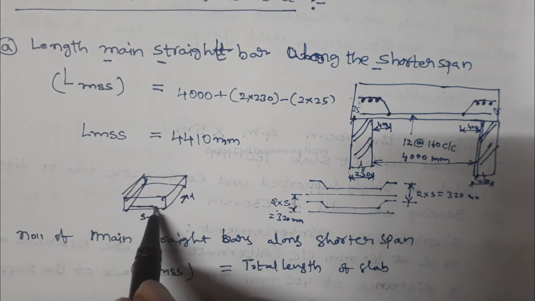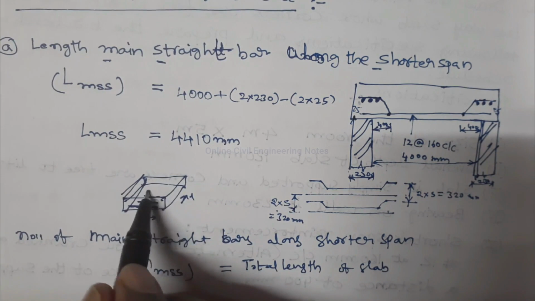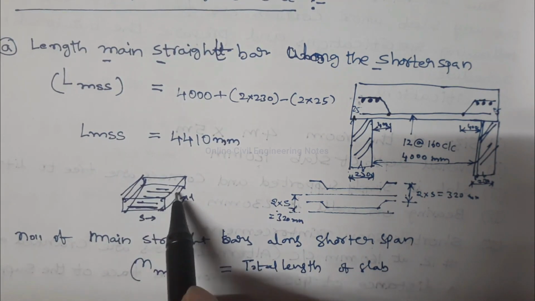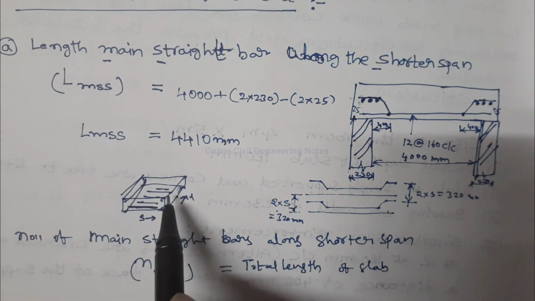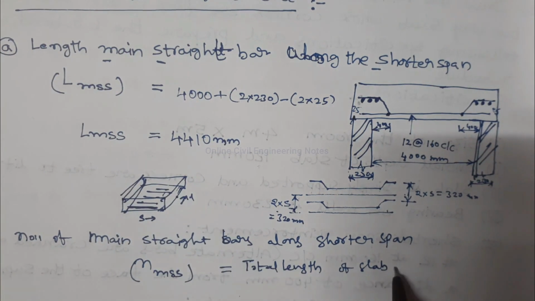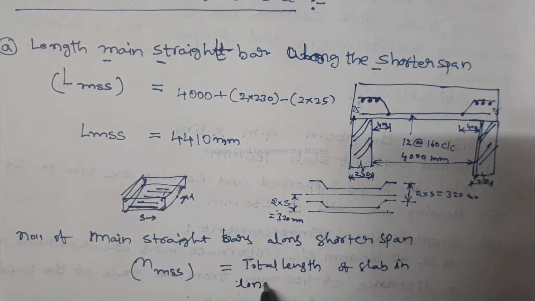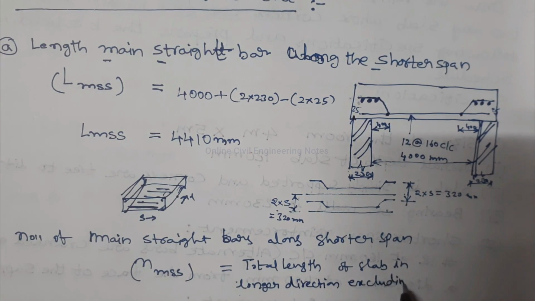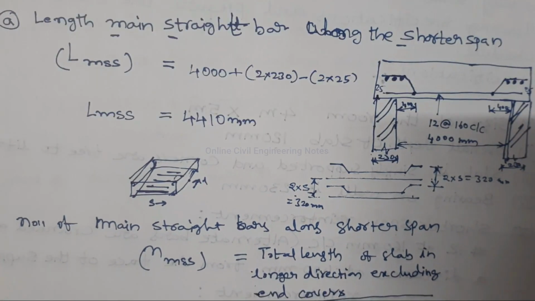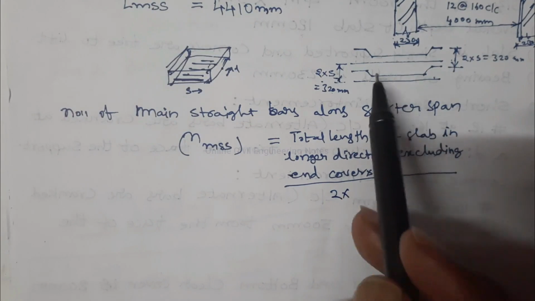We are providing this straight bar like this, so we have to get the length in the longer direction to get the number of bars. Total length of slab in longer direction excluding end covers divided by 2 into spacing.